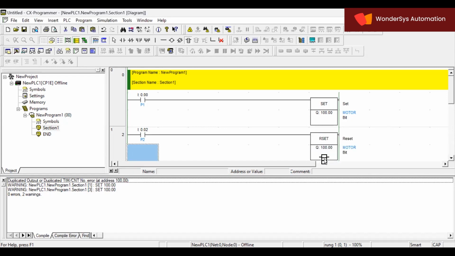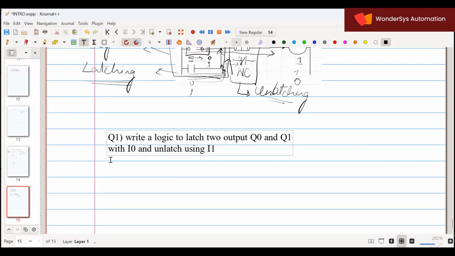This is the shortcut. If you don't know the command, you go for the details. Write a ladder logic to latch outputs Q0 and Q1 with I0 and unlatch using I1.